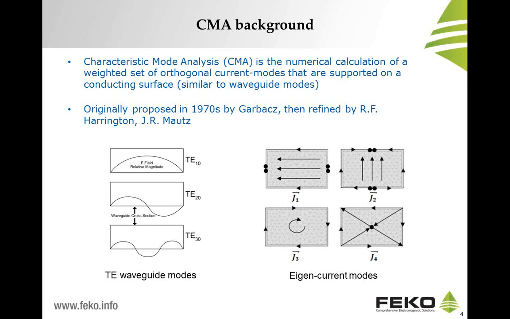The reason you do that is, in some cases, it is much easier to extract information about your structures using these individual building blocks as opposed to the full wave solution. This theory is not new or novel. It was actually proposed in the 1970s already by Garbacz, and then later refined by the famous Harrington and Mautz in their Transactions article.